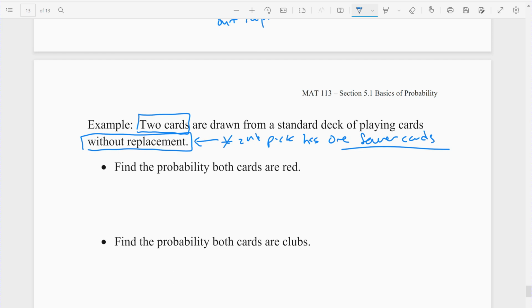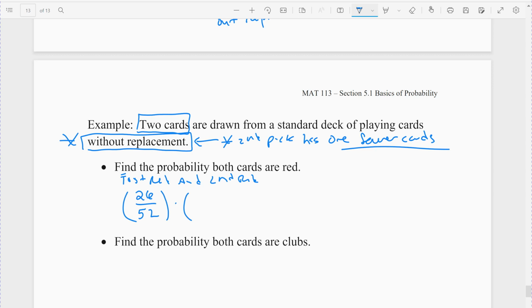Alright, find the probability both cards are red. So we get our first is red and our second is red, but we don't replace it. So remember, half of the deck is red, so 26 of the cards are red. So the first pick, there were 26 red cards out of 52. However, I've taken a red card out, whatever it is. There's one of my red cards, and I've placed it to the side.